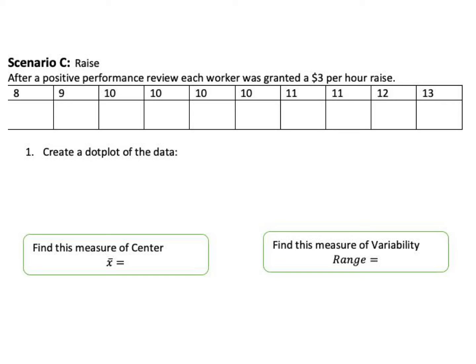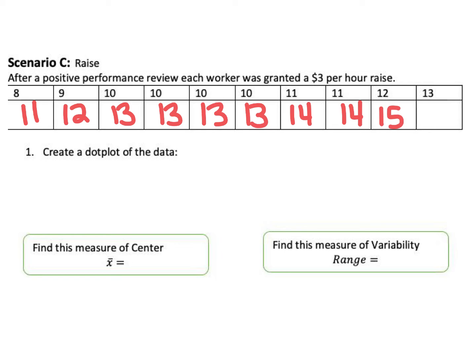And our third scenario is after a positive performance review, each worker was granted a $3 per hour raise. So not on top of your holiday pay, but the original pay. So I'm just going to increase each of these by $3, and we're going to create a dot plot of our data.